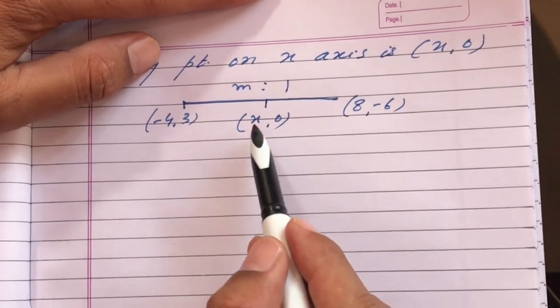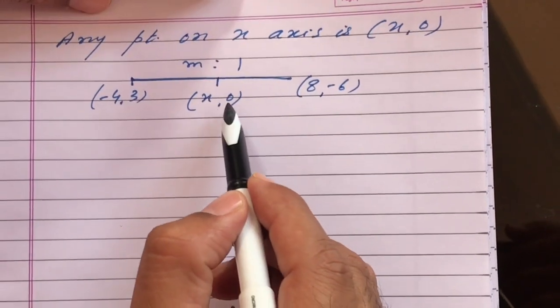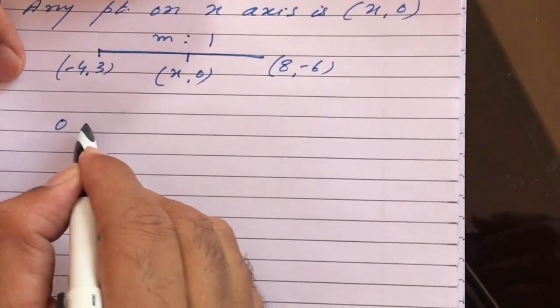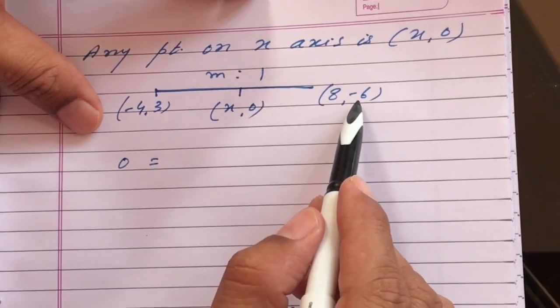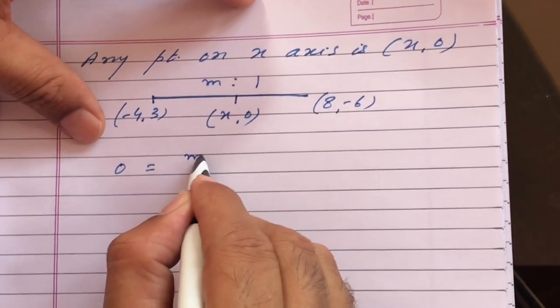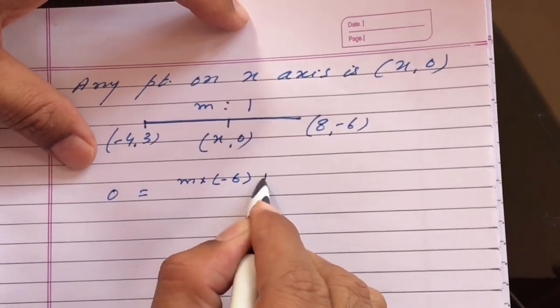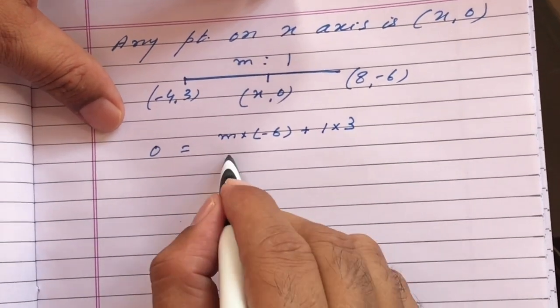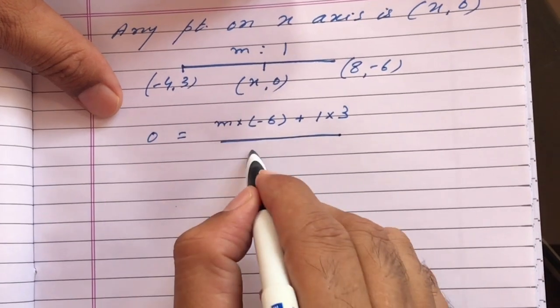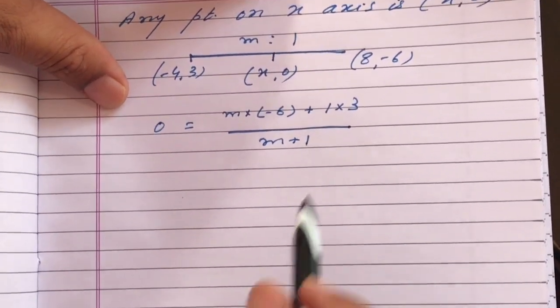So I know the value of y, the value of x I do not know, the value of y is 0. So I write 0 is equal to m1 y2, m into minus 6, plus m2 y1, 1 into 3, upon m plus 1.